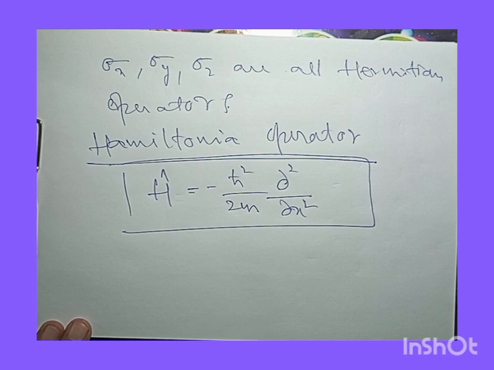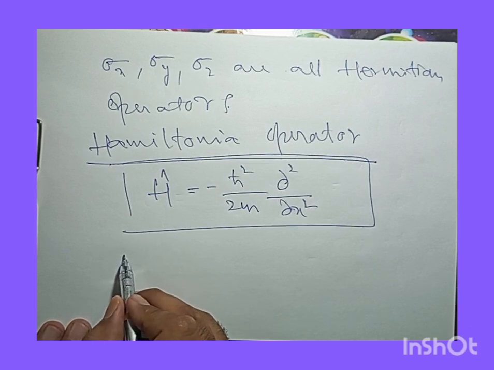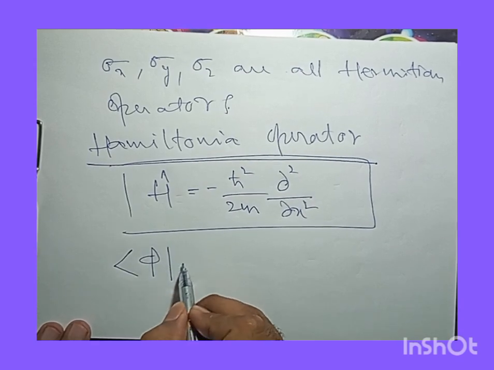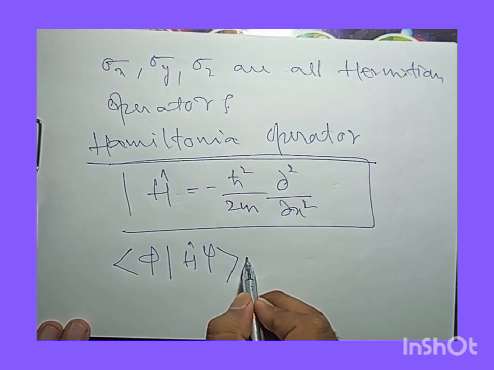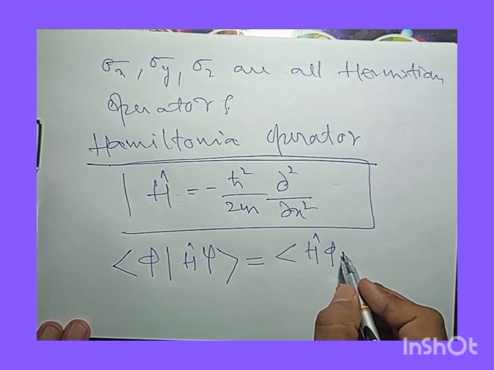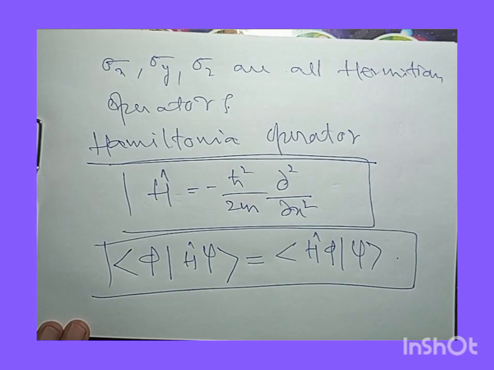We need to show here the inner product of phi, H cap psi is equal to H cap phi, psi, as we did in the case of the momentum operator.